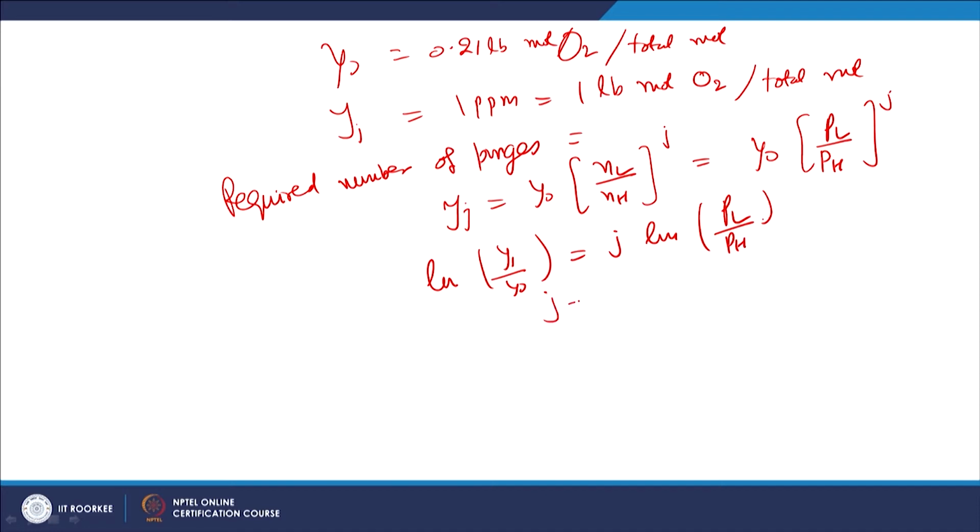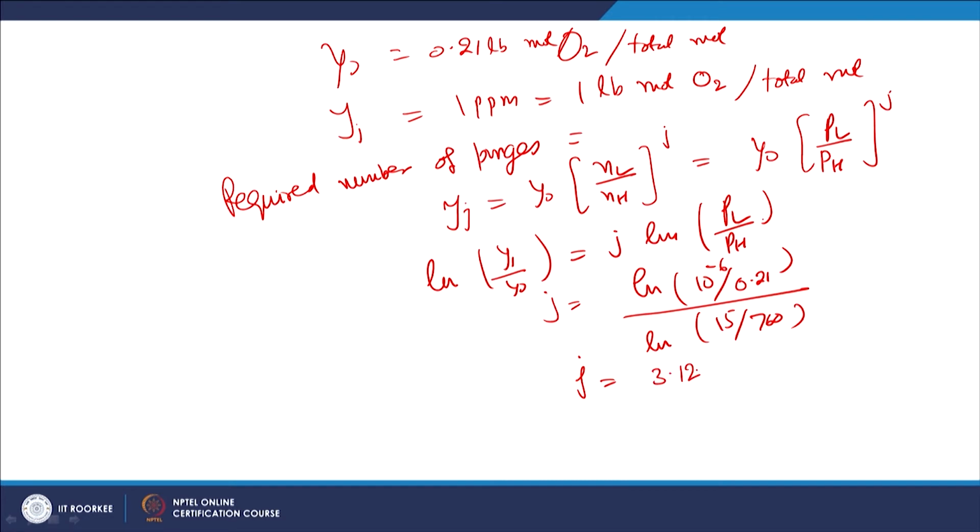So, j is equal to ln of 10 to the power minus 6 upon 0.21 divided by ln of 15 upon 760. So, j is coming out to be 3.12. So, this is the number of purges. Roughly 4 purge cycles are required.